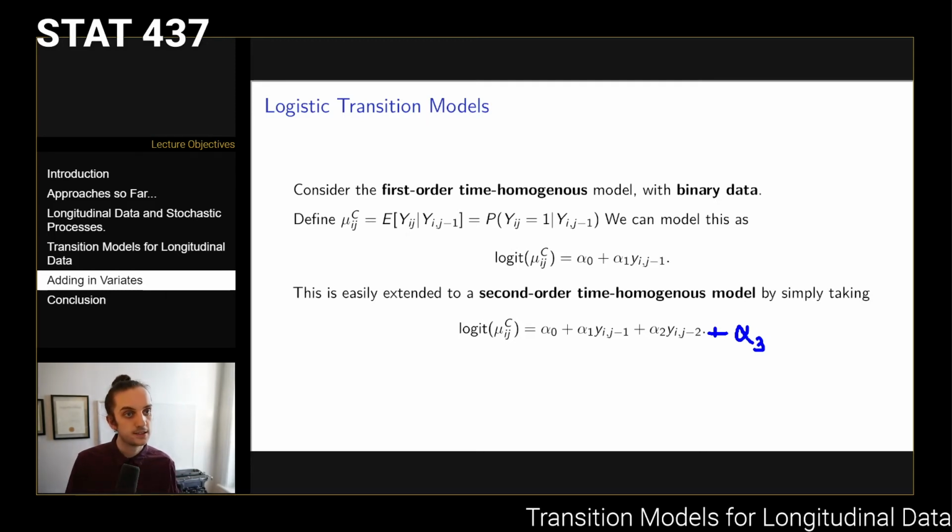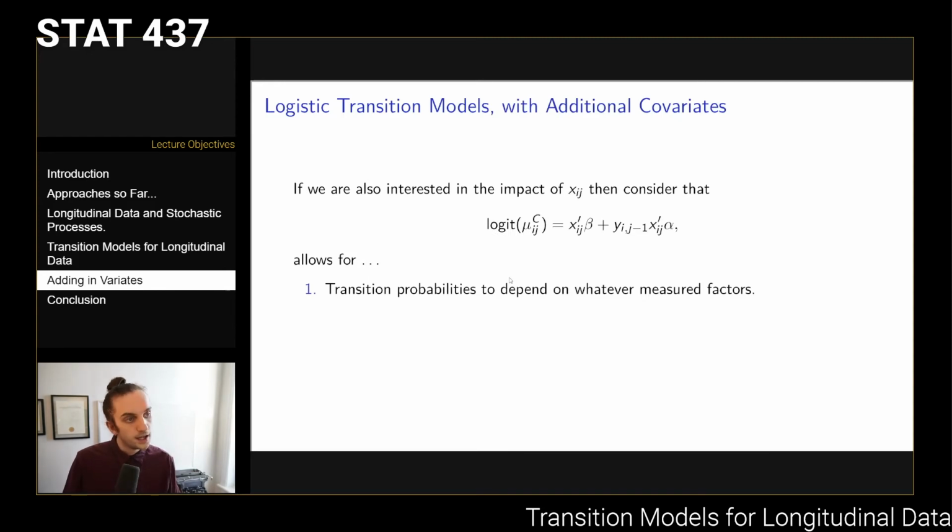But using these logistic regression models, we can reparameterize what we were just talking about with those transition probabilities. And because we're framing them as these logistic regression models, if we're now interested in the impact of covariates, it becomes quite natural just to add in covariate terms, right?